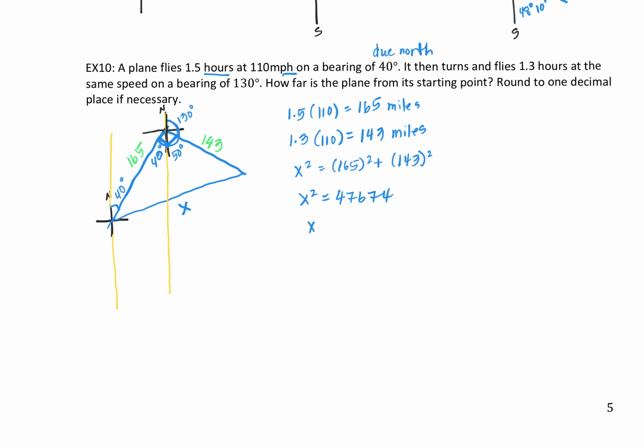And if I square root, I get approximately 218.34376. Oh, hold on. Round to one decimal place. Oh, I can stop and just write 218.3.